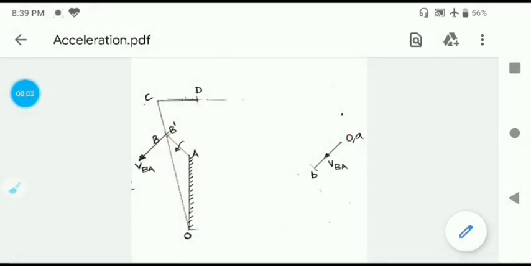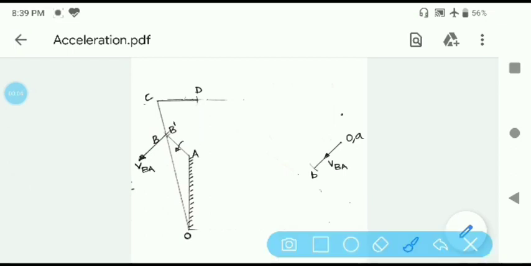Now as per our assumption, we have assumed that B prime is a point coincident with point B but lies on link OC. That means now we need to consider the velocity of point B prime relative to O. Regarding that velocity, we don't know the magnitude.